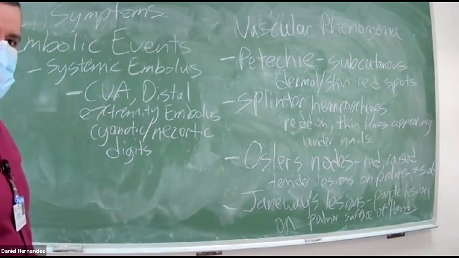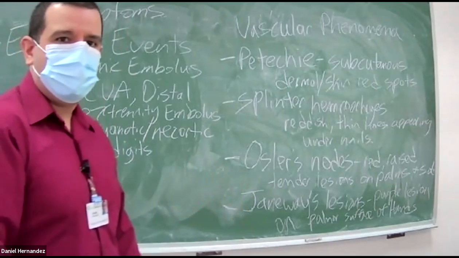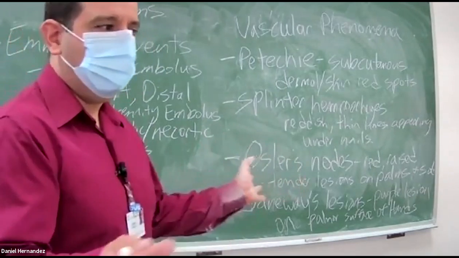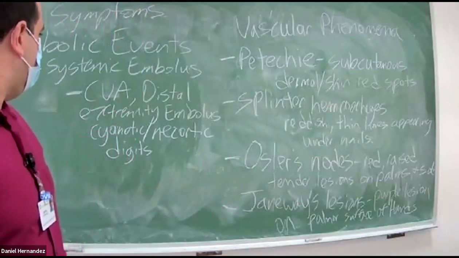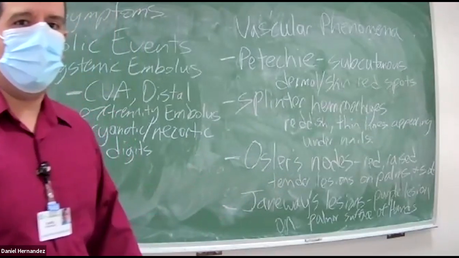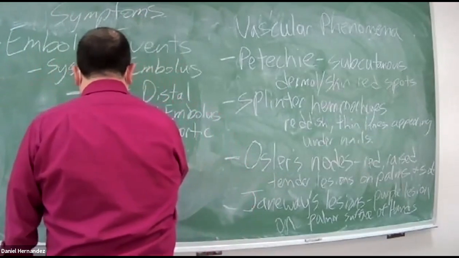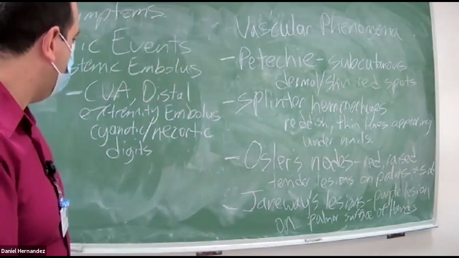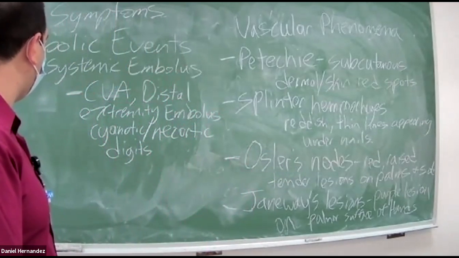So I took extra pictures, imaged it, and they sent the guy for a body scan to check the rest of his arteries. And he actually had embolism in his renal arteries, so he's going into renal failure. So I probably saved that guy's life finding that. And he turned out to have a big, huge clot in his heart that was just ready to go too. So thank God he hadn't gone to the brain and created a stroke.